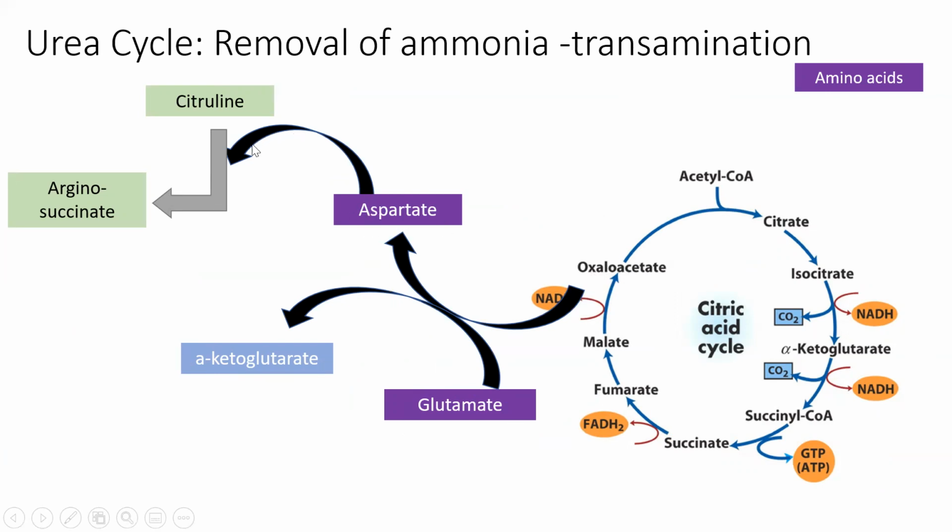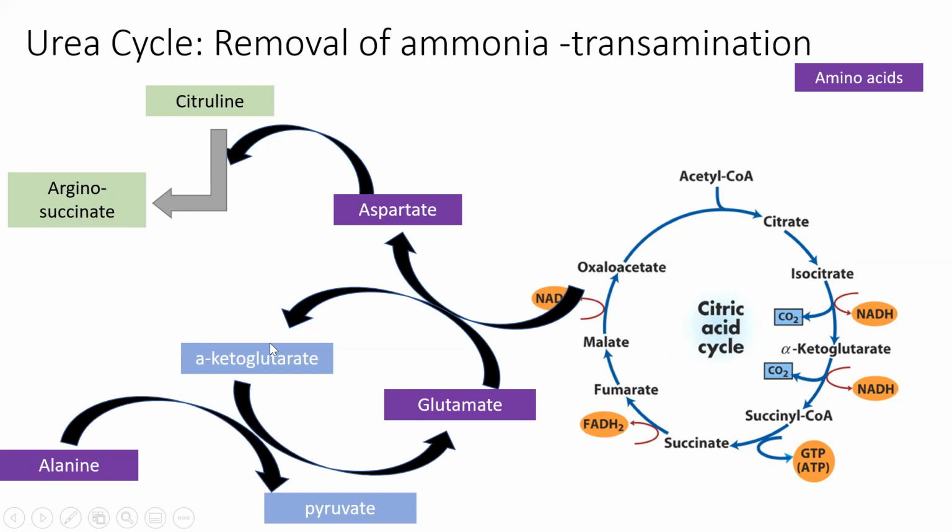Aspartate then helps combine with citrulline to continue on to argininosuccinate. Then we're going to continue this cycle by transferring that amino group from alanine back to the alpha ketoglutarate to become glutamate again. And then we're left over with pyruvate. So it's this constant cycle so that the urea cycle can continue to remove that amino component of the protein.